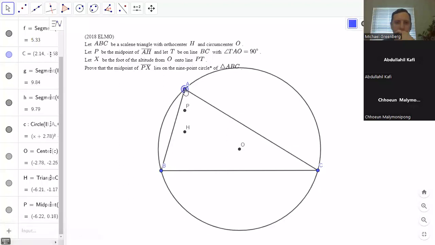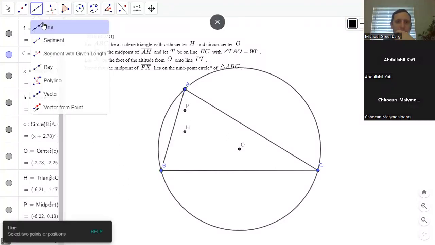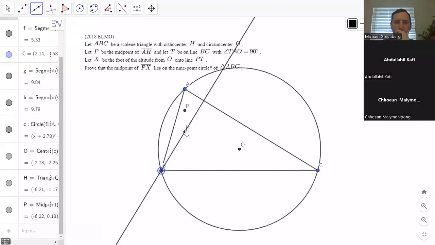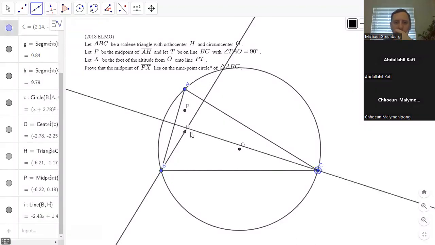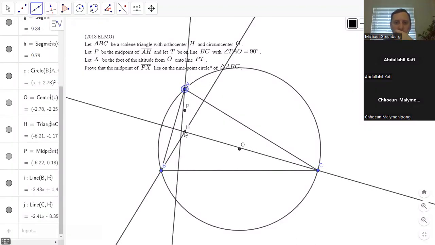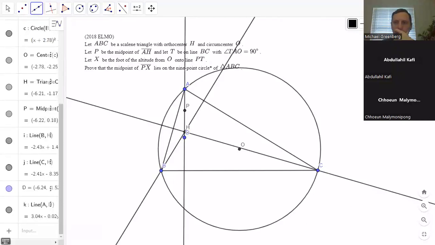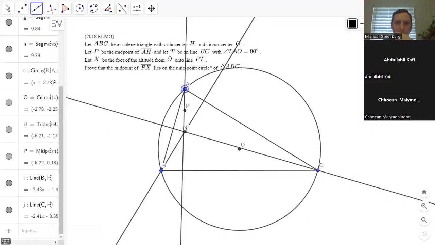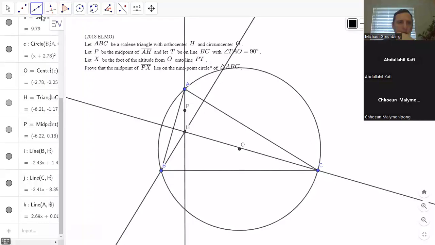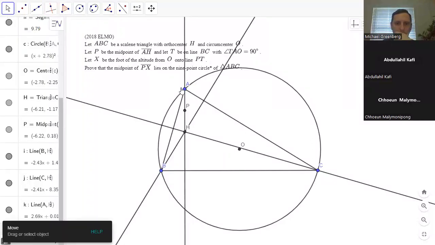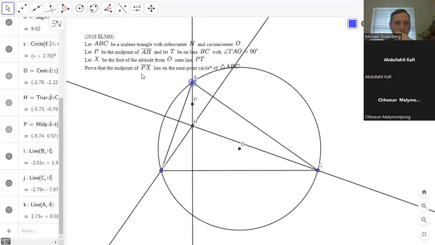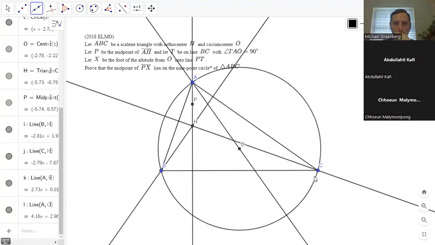That's kind of interesting. Let's draw a couple things. So if P is the midpoint of AH, then it's going to be the center of the circle. And so TAO equals 90. Let's draw perpendicular.